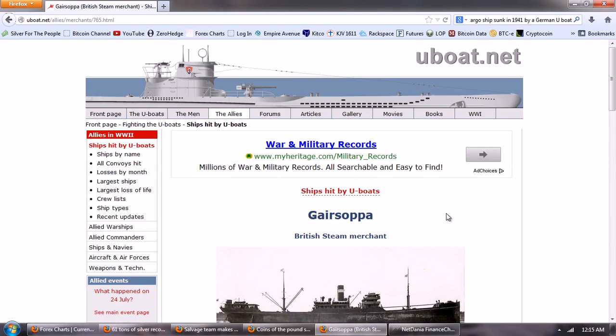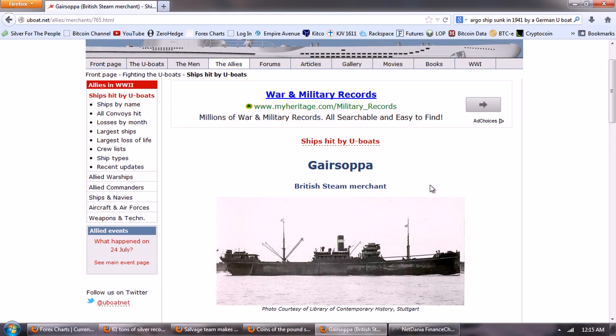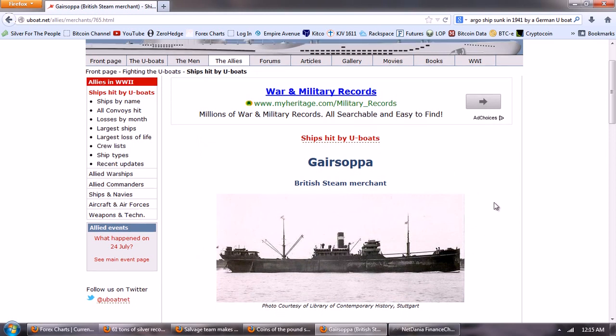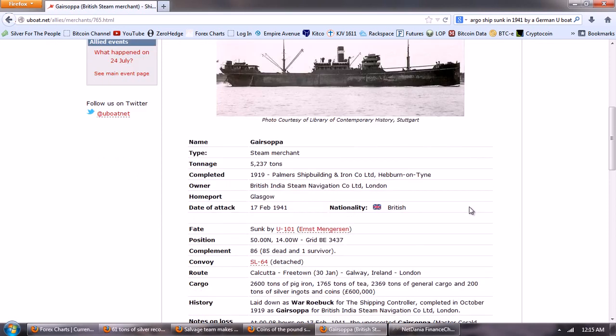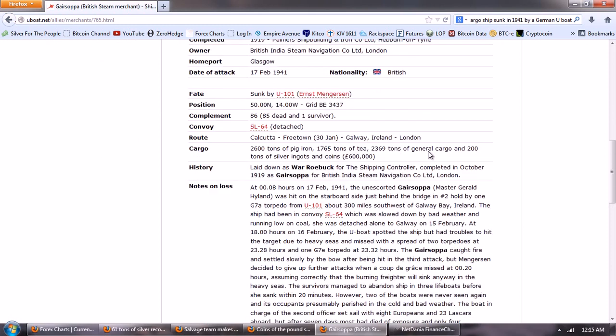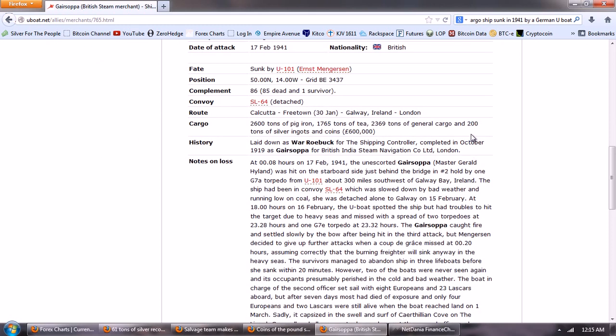This is a ship that was sunk early in World War II, and we can see that it was coming from India. It was British India Steam Navigation going to London. It was sunk off the coast of Ireland.